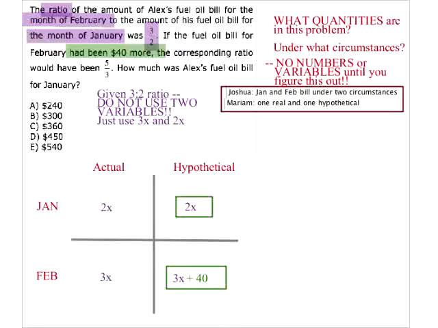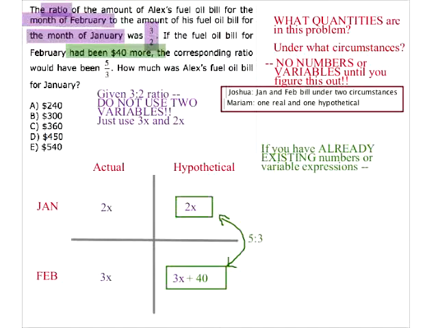If you have already existing numbers or variable expressions, then what do you set up? If we had no variables here, if we didn't have these expressions, we could just call these things 5x and 3x. But we already have variable expressions, so we don't want to do that. So these are supposed to be in that ratio, February to January, 5 to 3.